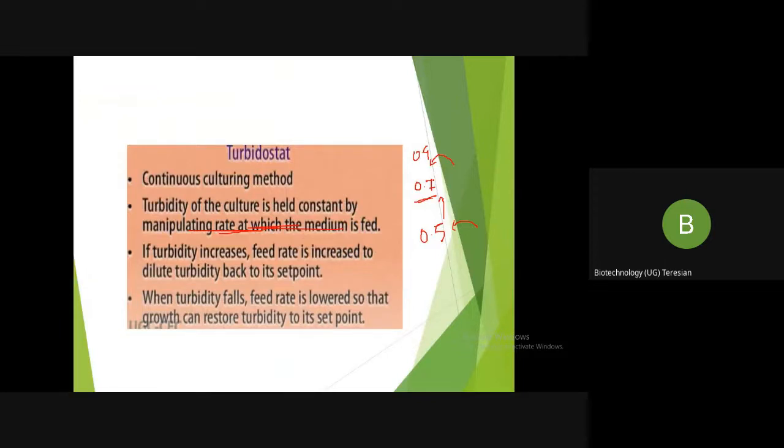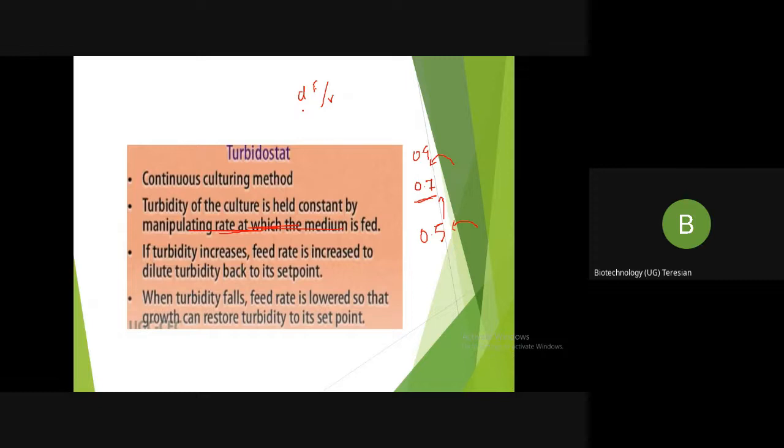Under the steady state condition, specific growth is controlled by your dilution rate, which is a controllable variable. That is why your dilution rate is very important. The dilution rate, what we said, is F by V, right? Continuous culture fermenter means it is a steady state, because growth and output are uniform.